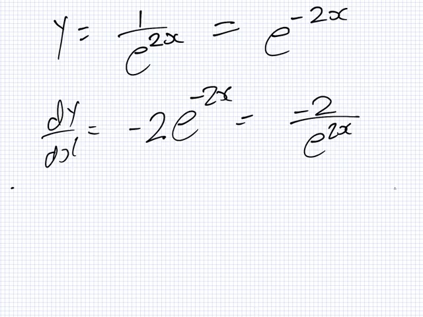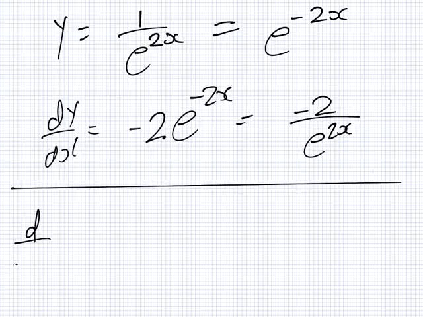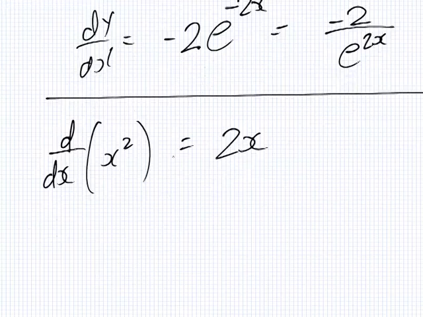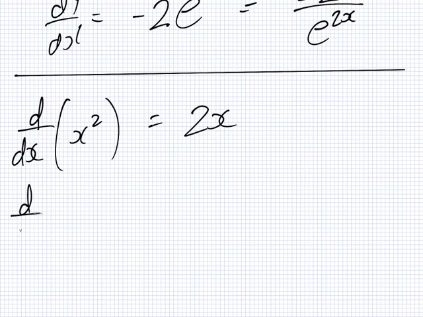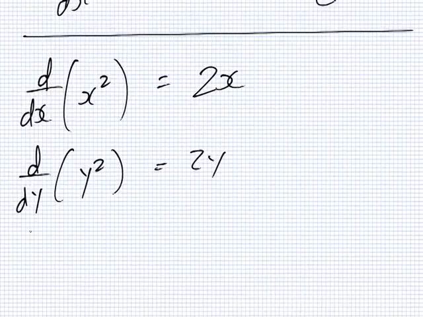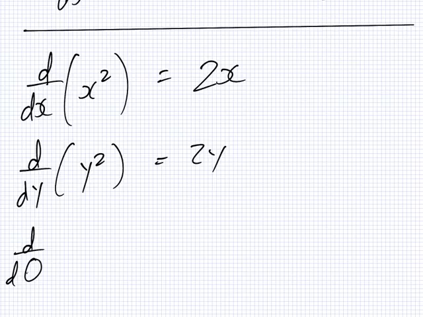Now, we have some notation I just want to make you aware of. If I write this, that means differentiate x squared. So that would be 2x. And here, this would be 2y, and then something like this would be, for example, 2 theta.